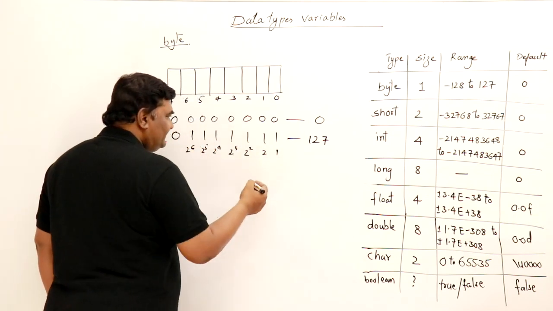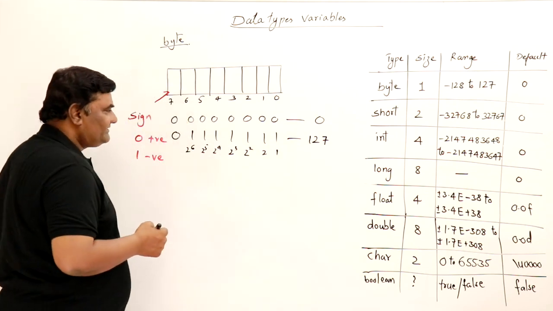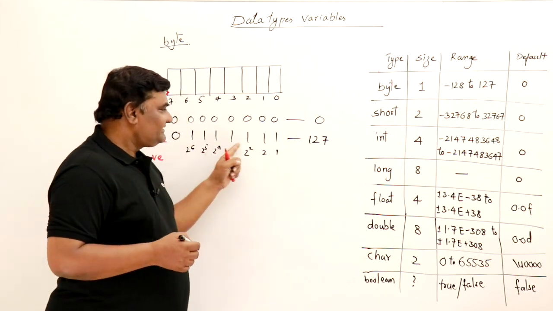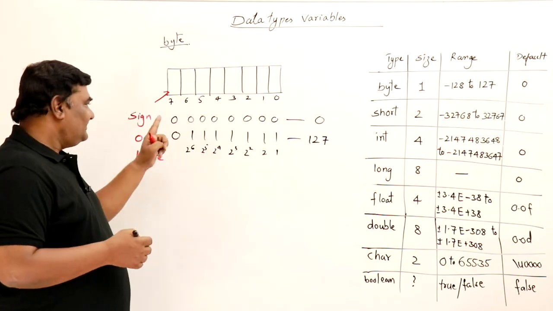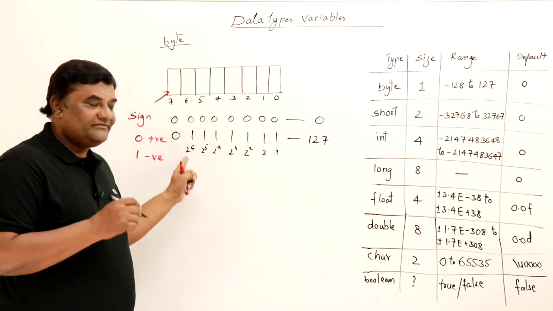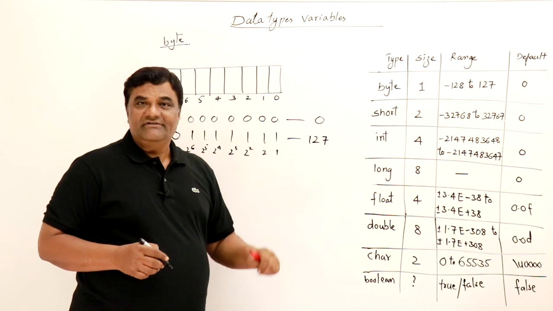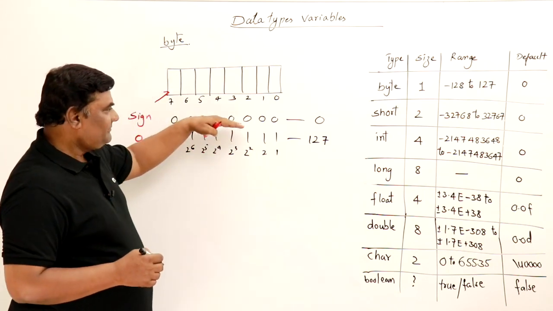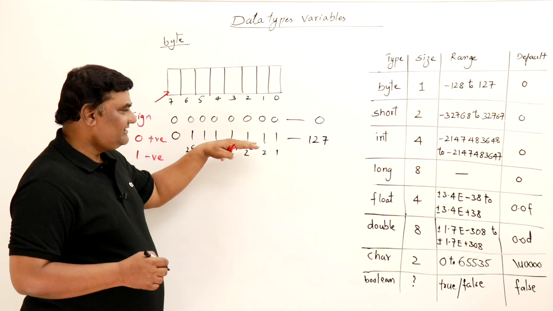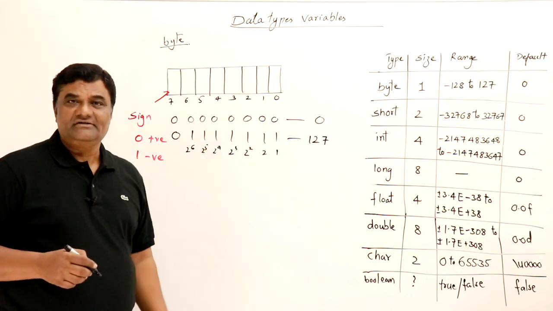If you add all these, it is 127. So if all 7 bits are 1, the number is 127, and the sign bit 0 means positive. So this is positive 127. By keeping the sign bit as 0 for positive, the smallest number is all zeros and the largest number is all ones, that is 127.